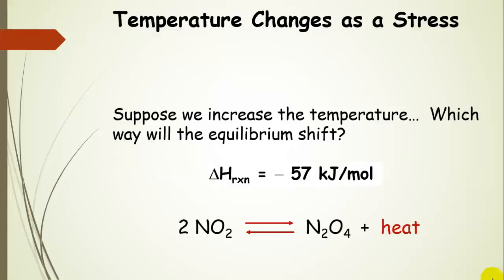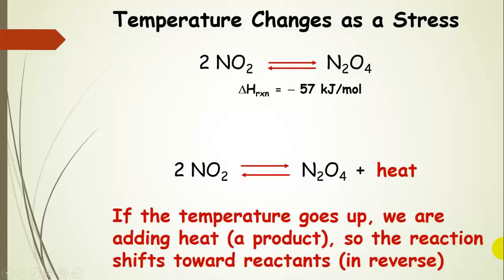We're going to keep in mind that delta H is negative, so that means heat is a product. So let's go ahead and put it in the reaction. When we increase the temperature, we're adding product. So if we add product, then the reaction is going to shift toward reactants. So for an exothermic reaction, if we increase the temperature, the reaction is going to shift in the reverse direction because we're adding product, which is heat, and so we're going to shift toward reactants.